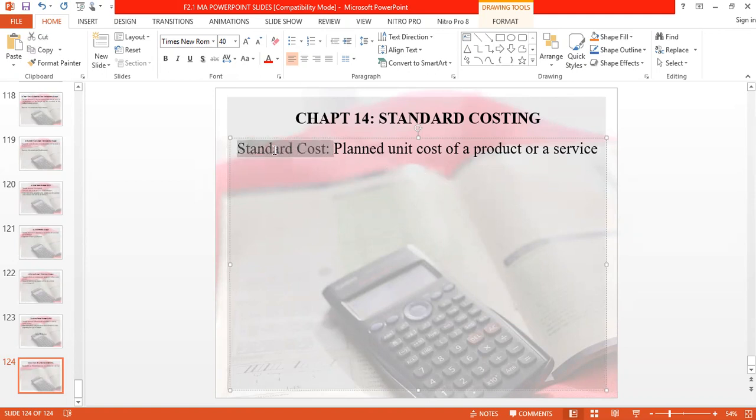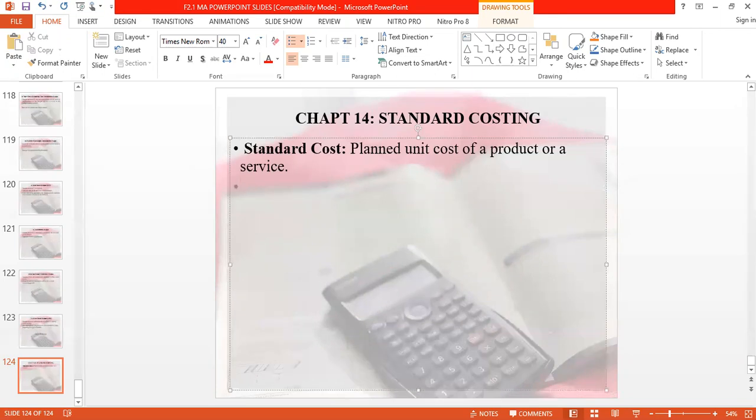So if somebody asks you what is a standard cost, it's a planned unit cost of a product or a service. When you plan that this will be the cost of maybe a chair, this will be the cost of one table, this will be the cost of one box of markers, in that case we call it a standard cost.